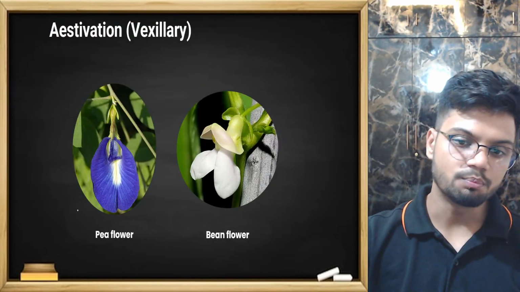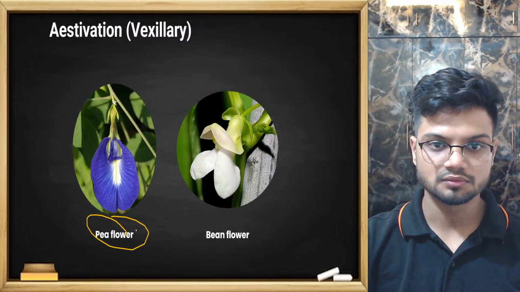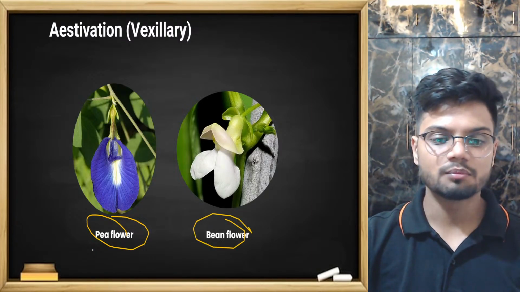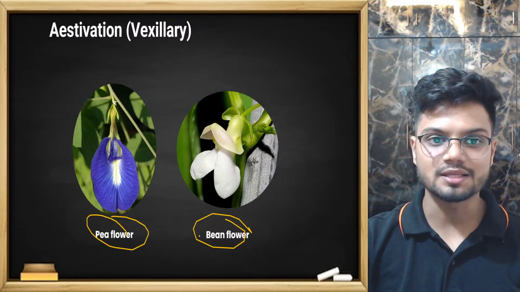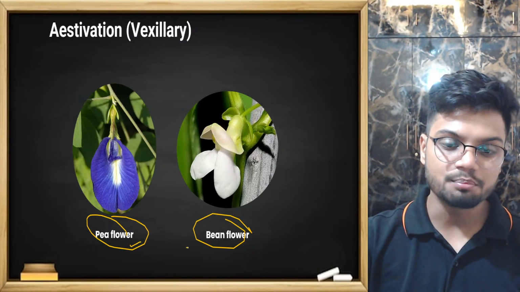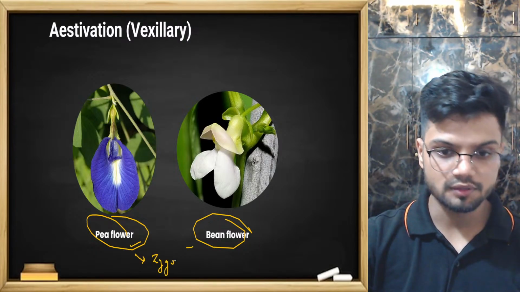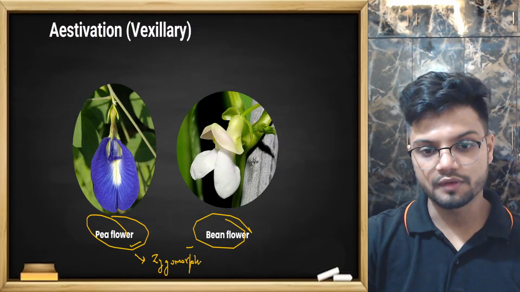The example is your pea flower. Even bean, pea, bean, Gulmohar and Cassia. Gulmohar and Cassia will show imbricate aestivation, while pea and bean will show vexillary aestivation, which are also zygomorphic in nature.